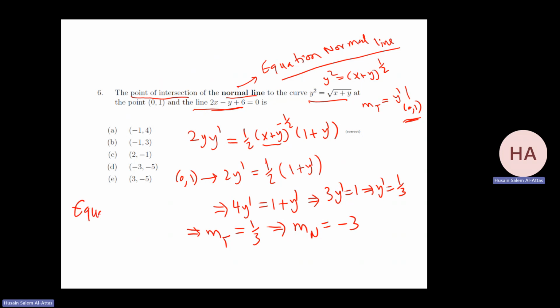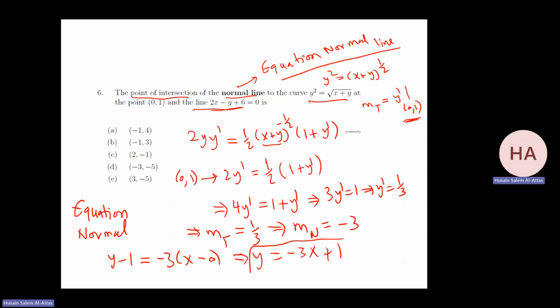So what is the equation of the normal? I have the point, so it will be y minus 1 equals minus 3 times x minus 0. So I have y equal minus 3x plus 1. So you need to intersect this line with this line. I have the two lines, y equal 1 minus 3x, and the other one 2x minus y plus 6 equals 0.